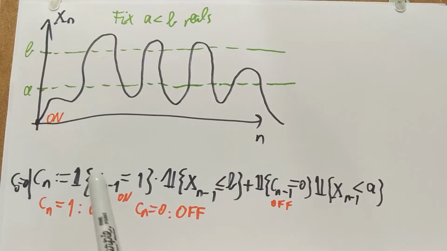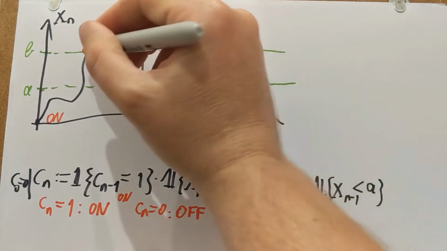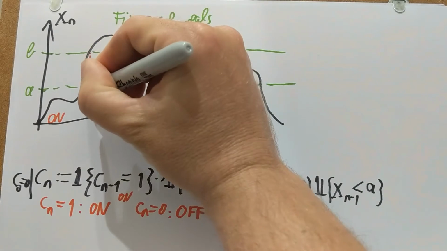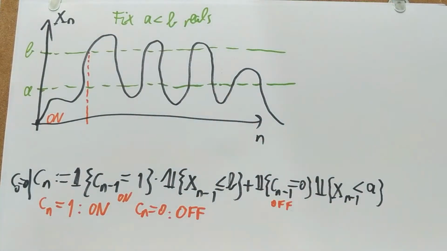Now what happens if it was on in the previous step? Well, it turns on, and then it's going to stay on as long as x_{n-1} is less than or equal to b. So it stays on until the process achieves level b. Okay, so it stays on until this time here. If it was on before, it stays on until the process is above b.